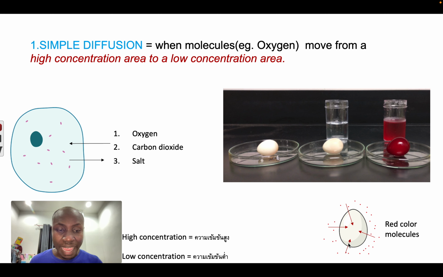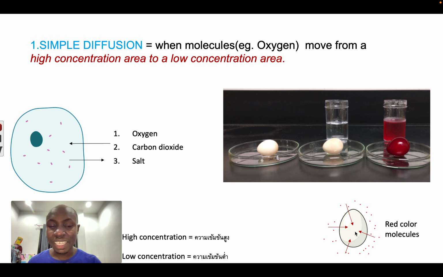Now, if this is the egg and these red dots are the red color molecules, what you see is that around the egg we have high concentration of colored molecules, and low concentration of red color molecules inside the egg.